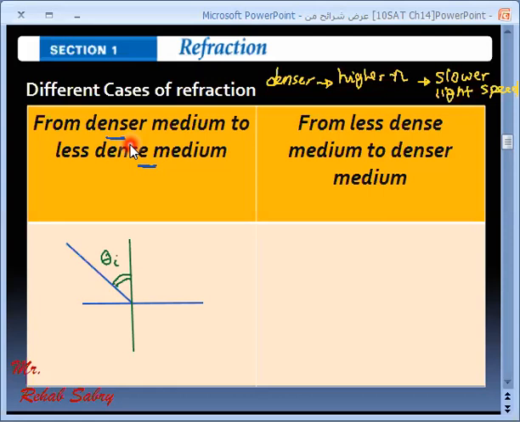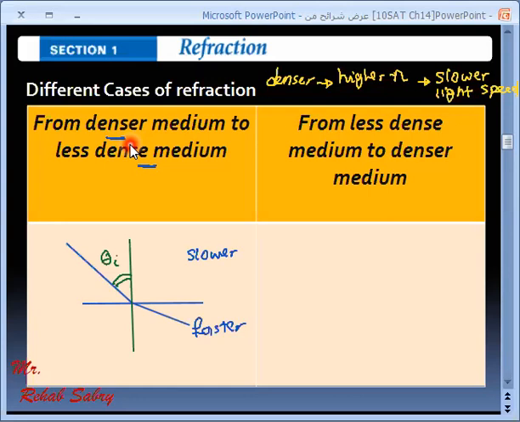It goes from a denser medium. Denser medium means slower speed of light to faster. So we can say that the light will move faster, so it will move away from the normal. So the refracted light will be away from the normal.